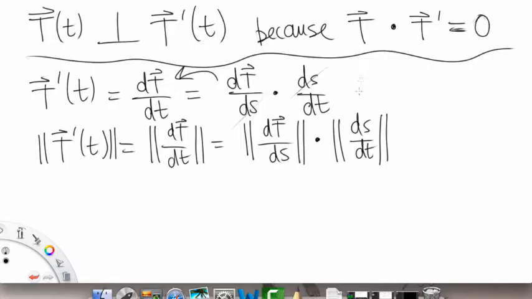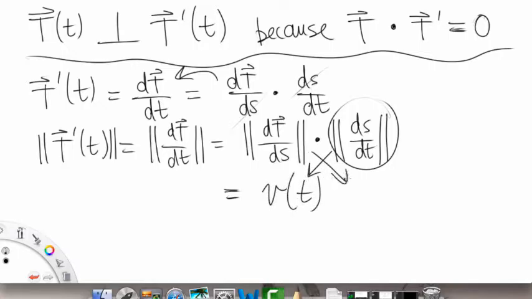The magnitude of ds/dt is the magnitude of the derivative of the arc length function, and that's actually going to be our speed. That's our scalar valued function.